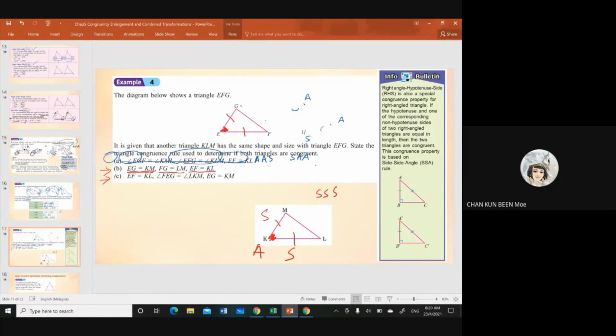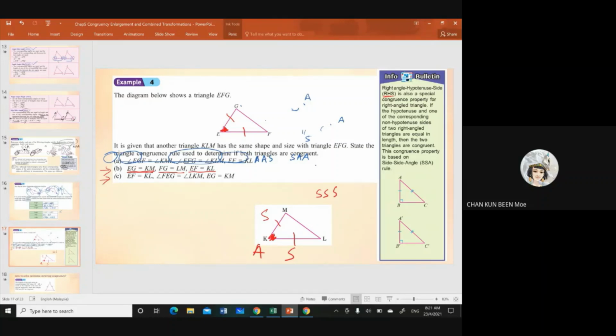But there is one thing that you have to remember. You look at the info bulletin on the right over here. Right angle, hypotenuse, side, RHS, is also a special congruence property for right-angled triangles. If the hypotenuse and one of the corresponding non-hypotenuse sides of two right-angled triangles are equal in length, then the two triangles are congruent.